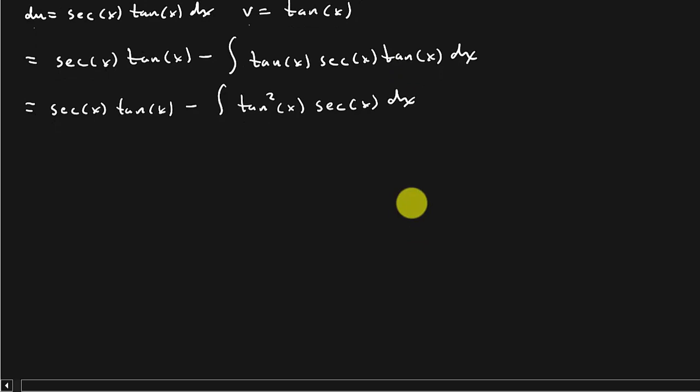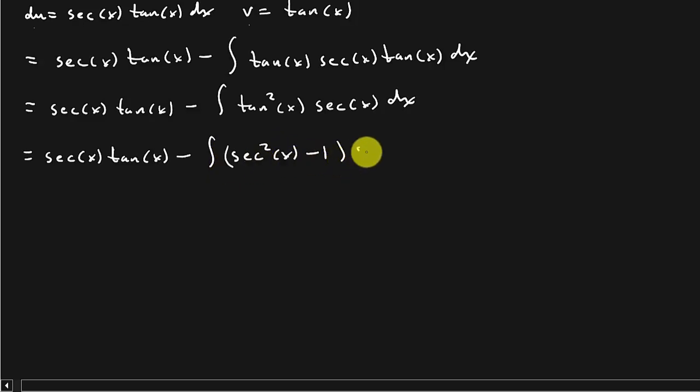All right, now let's take this tangent squared and rewrite it in terms of secant. So that's secant x tangent x minus the integral. And what's tangent squared? Well, that's secant squared minus 1 times secant x dx.